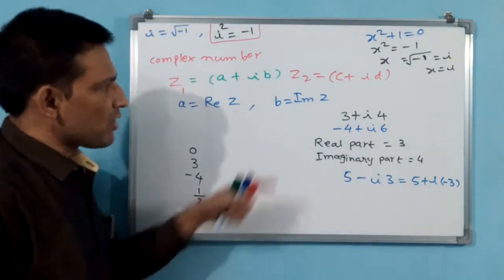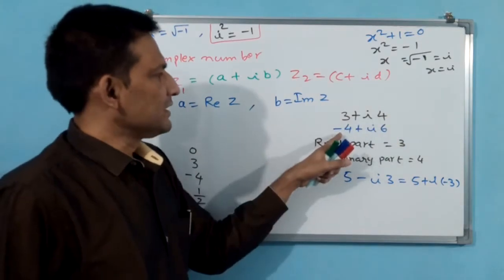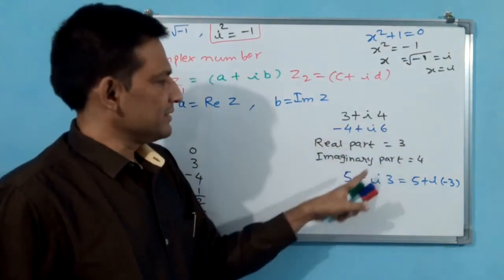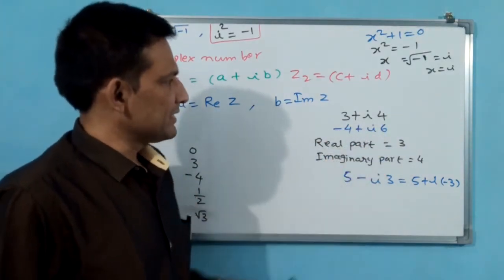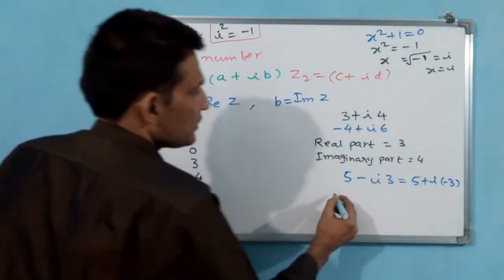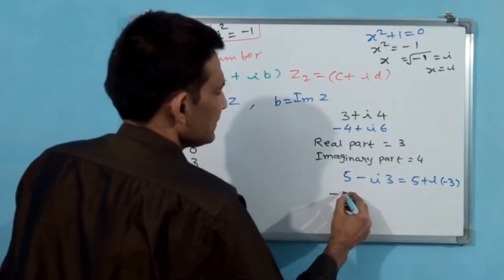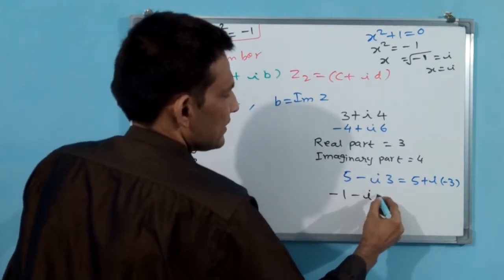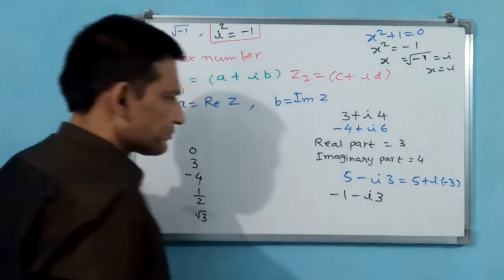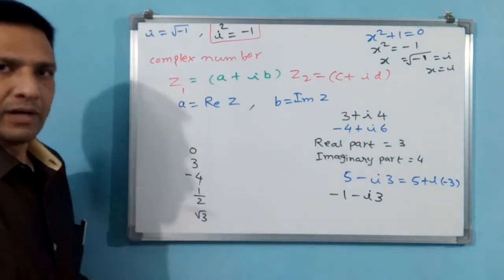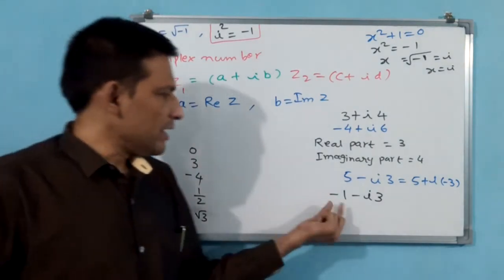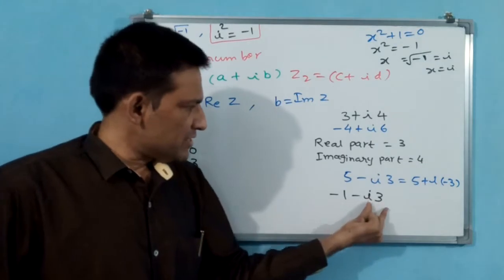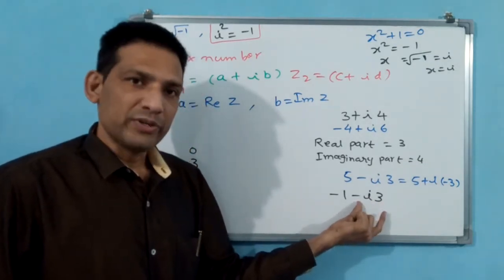Okay, see, 3 types we have written: both plus, one plus one minus, one minus one plus. Both minus also will come. You see how I am writing. See, minus 1 minus i3. Here the real part of the complex number and the imaginary part are both negative.